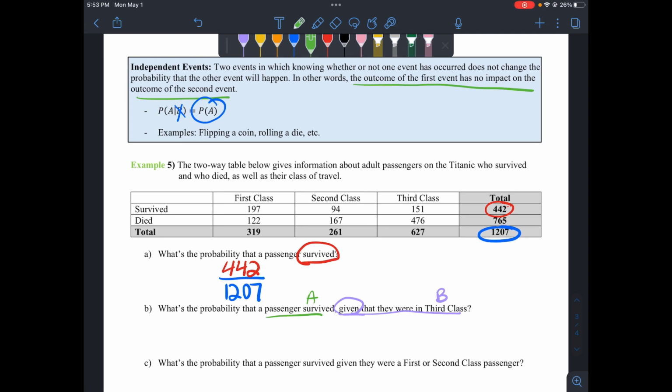So what we have to do is find the probability of A and B happening and divide it by the probability of B. So what is the probability that a passenger survived and that they were in third class? They survived and in third class, that was 151. Then we are going to divide it by the probability of B being third class, which is 627.